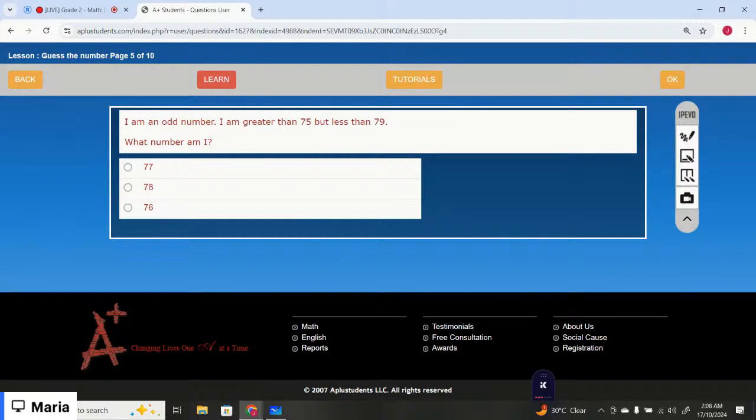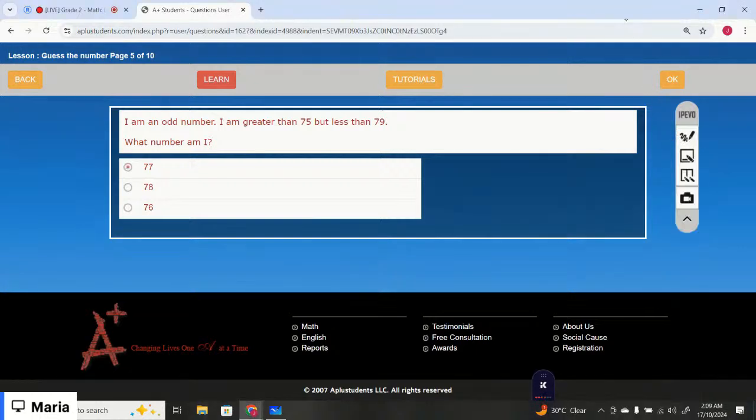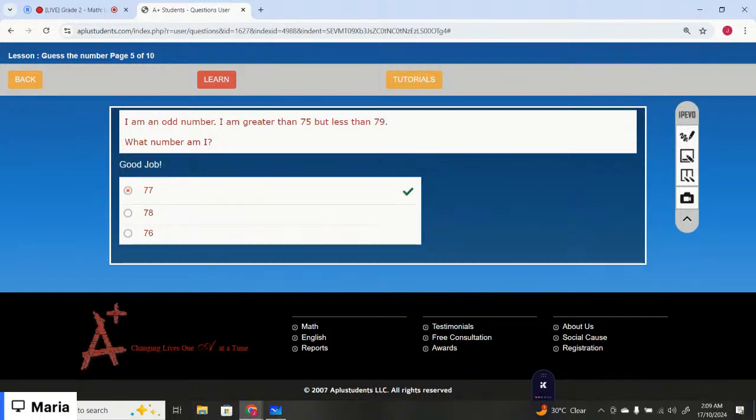Between 75 and 79, the numbers are 76, 77 and 78. So which is the odd? Very good. The only odd number between 75 and 79 is 77. So option number 1 is the correct option. Very good.